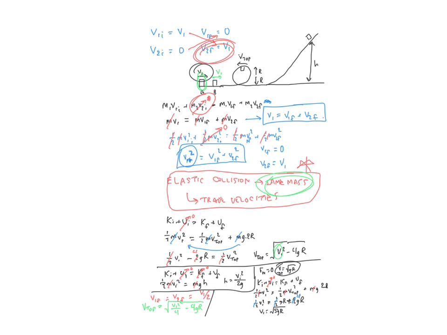That gives you a final answer of h equals v1 squared over 8g.